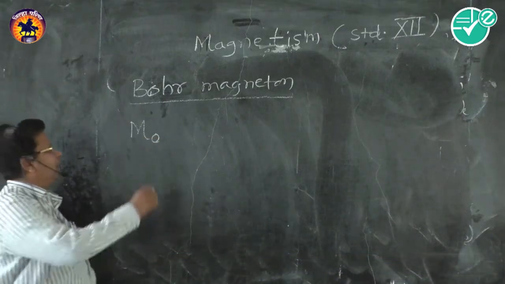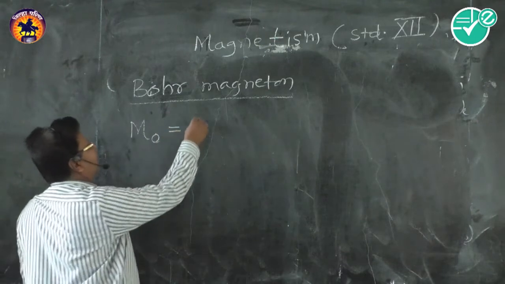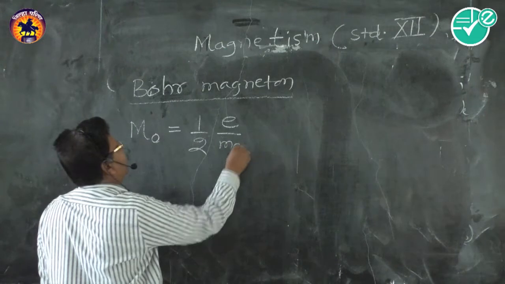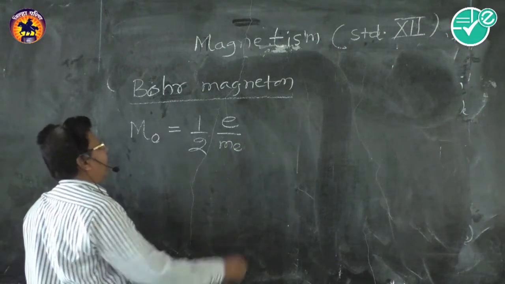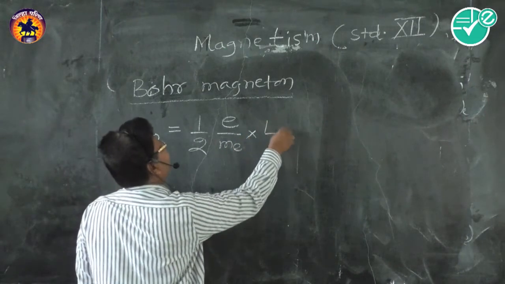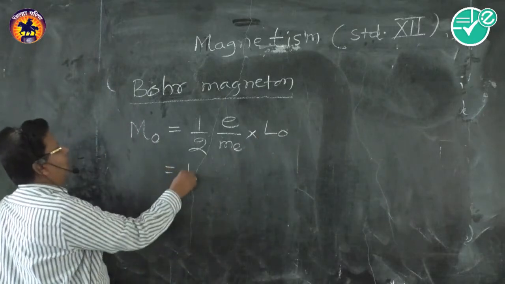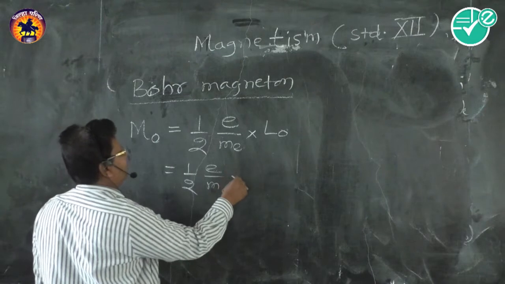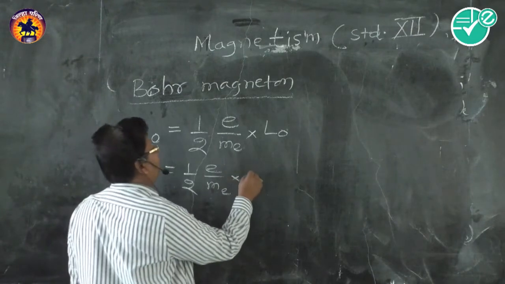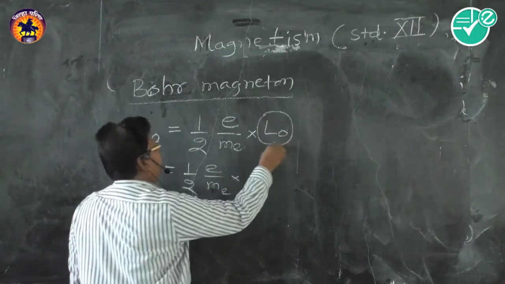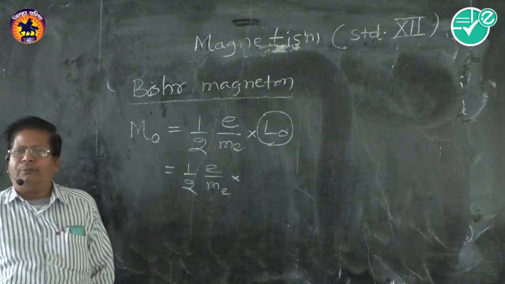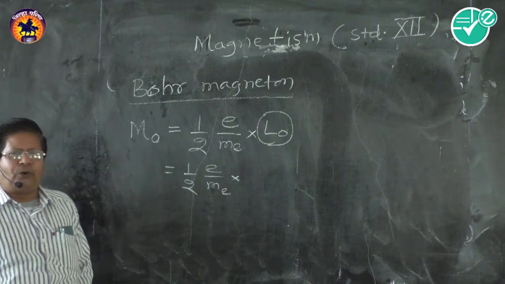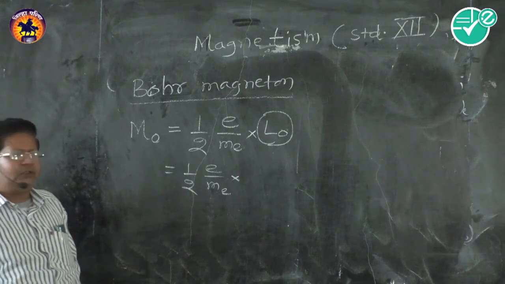which is equal to M_O equal to 1 by 2 e divided by m_e into L_O, angular momentum of revolving electron according to the second postulate of Bohr theory.